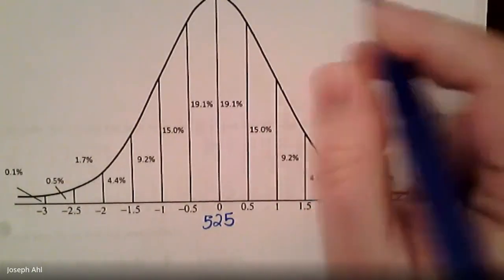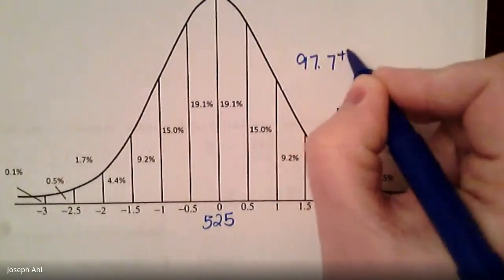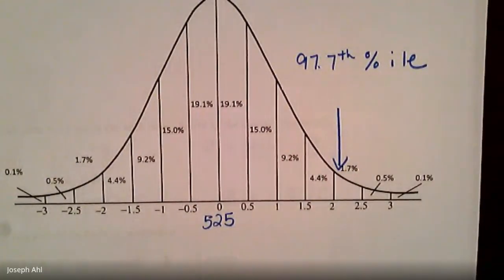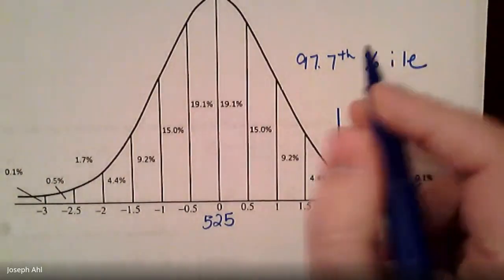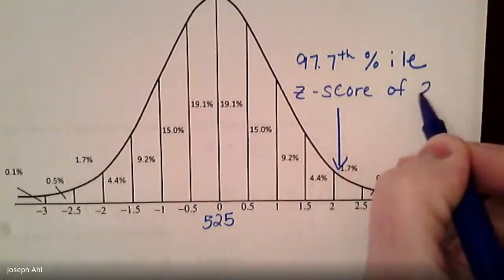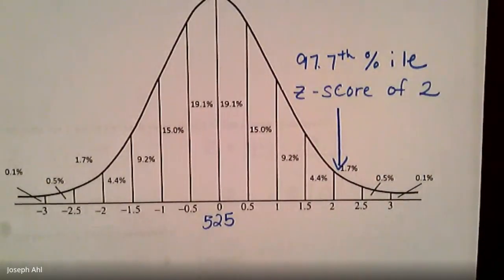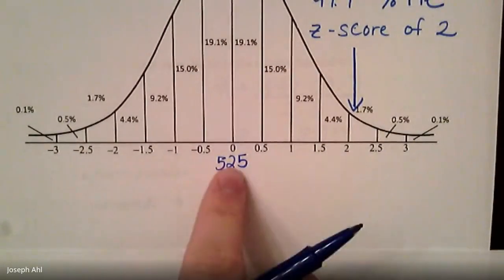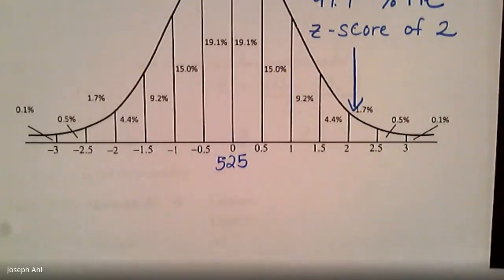And what you'll find is that the 97.7th percentile, which sometimes I'll write as percent-ile for percentile, corresponds with a z-score of 2. So if we know the z-score is 2, now it becomes one of those problems that we saw in the notes yesterday. Given a z-score, given the mean and standard deviation, can we calculate the actual score?